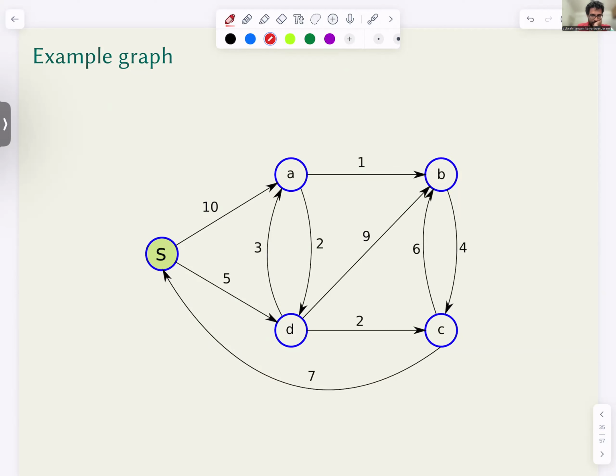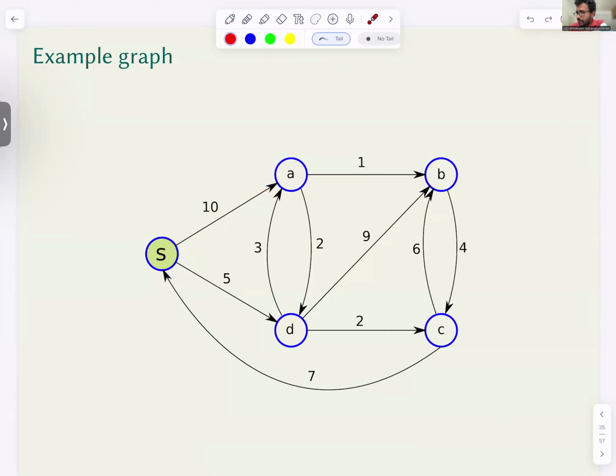Right? So can we use breadth first search here? If you use breadth first search, will it work? No, it will not work, since it uses arbitrary neighbors. We already saw an example, right?